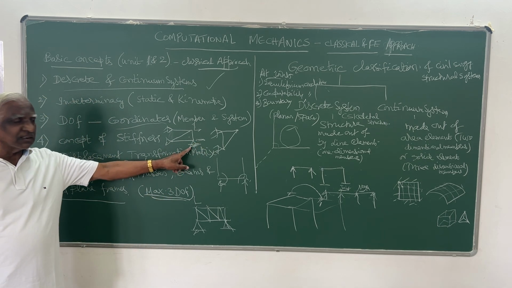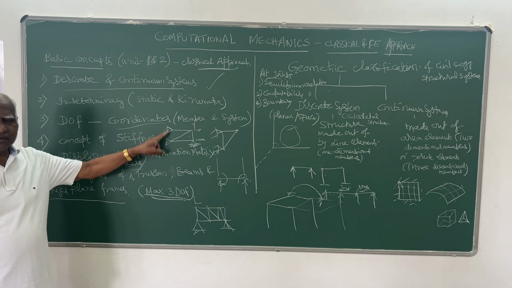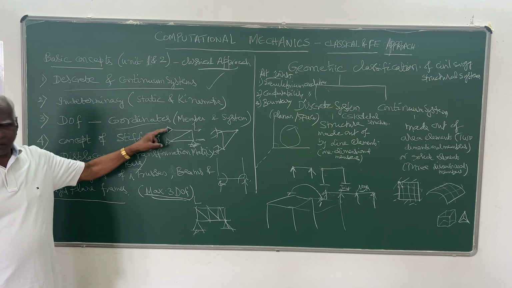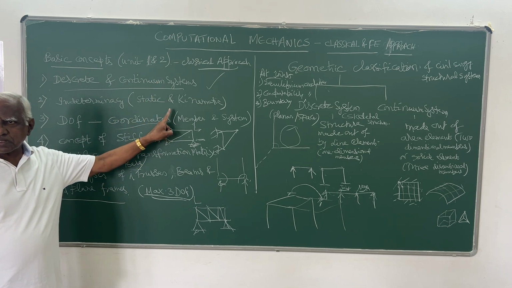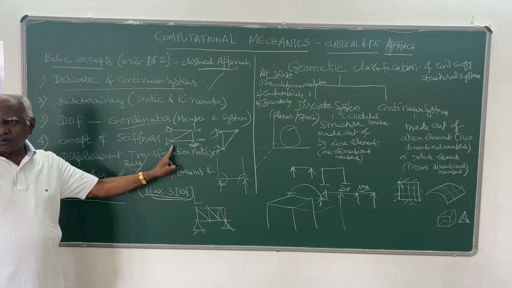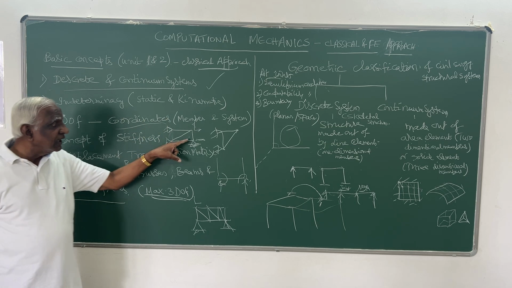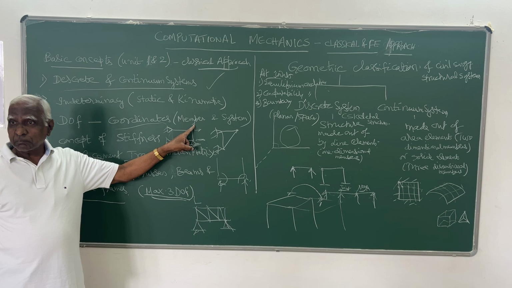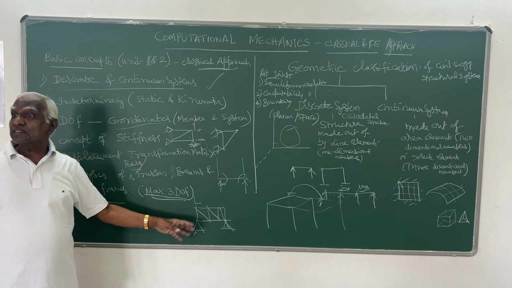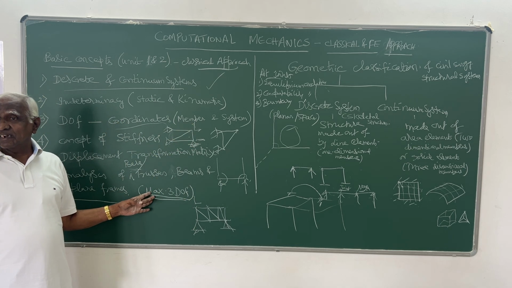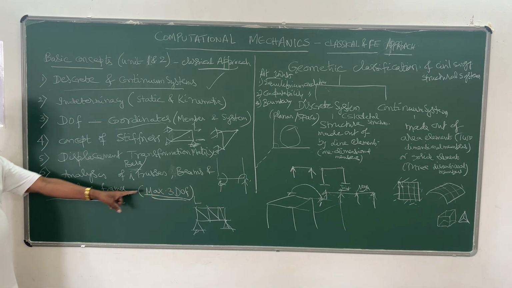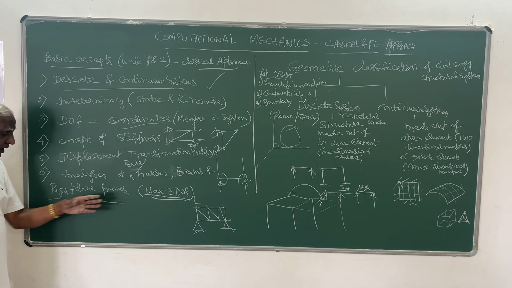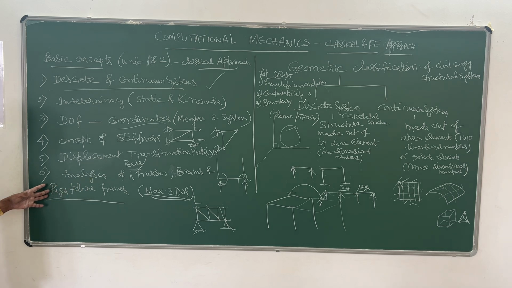It can occur because it is roller. Here, no displacement. Both horizontal and vertical displacement not possible. Here horizontal is possible. Here both are possible. So 3. So it is okay. 3 degrees of freedom. So that is about this maximum degrees of freedom or type of problem.